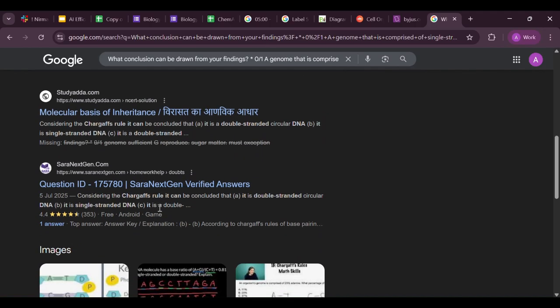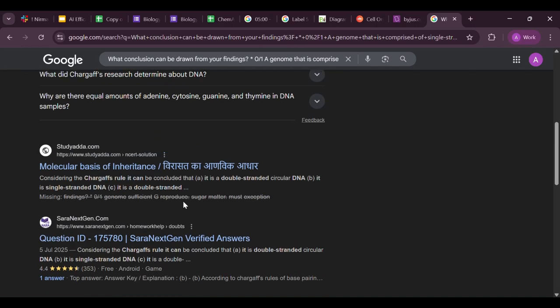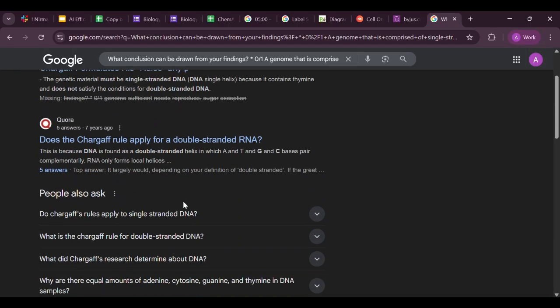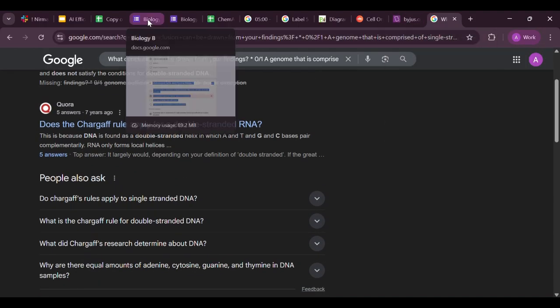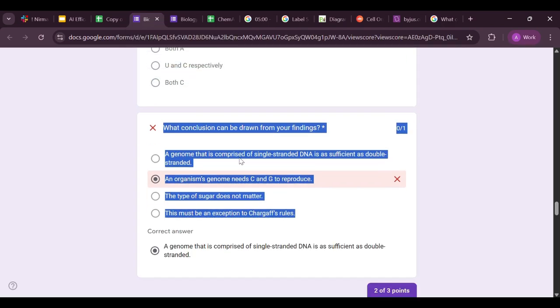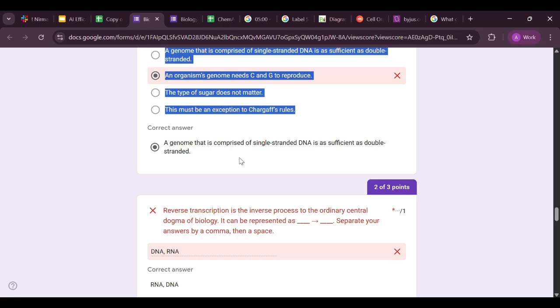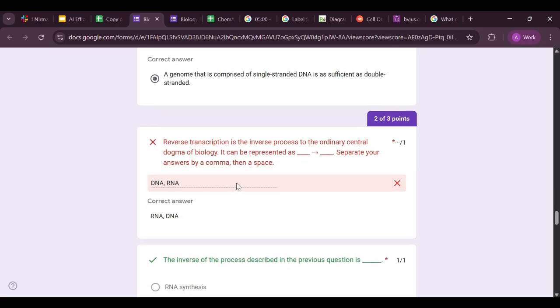It is showing Chargaff's rule only. It has to be based on my findings, and as we are not able to submit a PDF in this, we will have to move forward. Okay, I have given it wrong. Let's check it on Google as well.